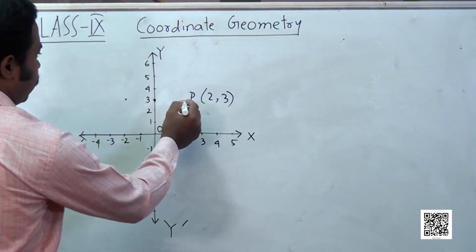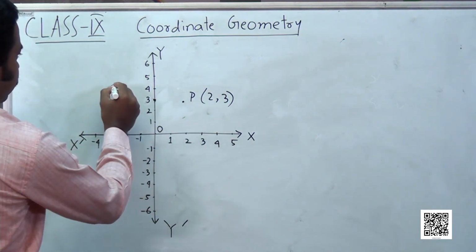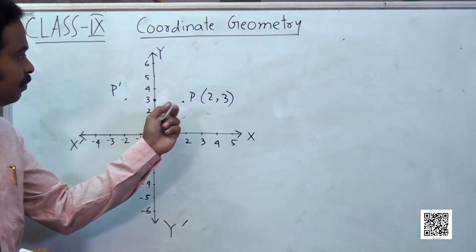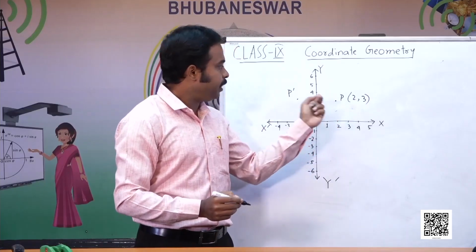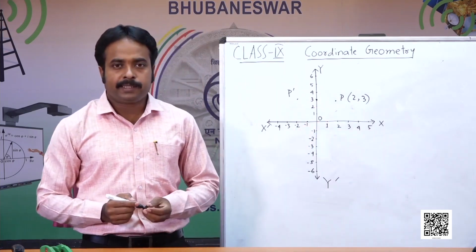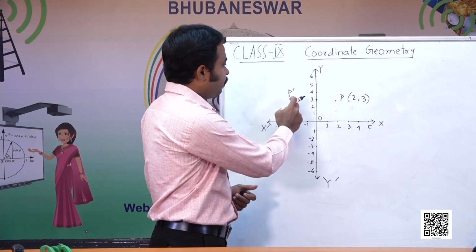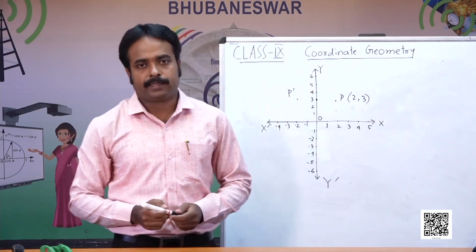So this is the point P, and this is the image P dash. Therefore, the distance of the point P from the y-axis is equal to the distance of the point P dash from the y-axis.